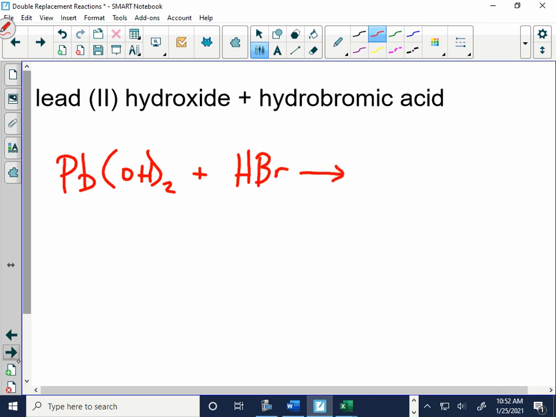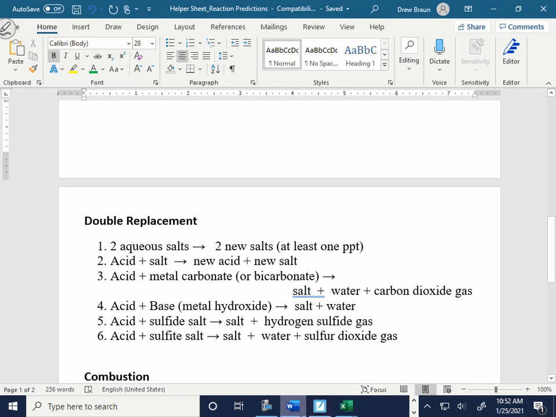Now, once again, I'm dealing with an acid, so I have to determine which one I'm dealing with. So what do you think? 2, 3, 4, 5, or 6? Kira says 4, because I have lead 2 hydroxide, right? This, ladies and gentlemen, is a special type of reaction.